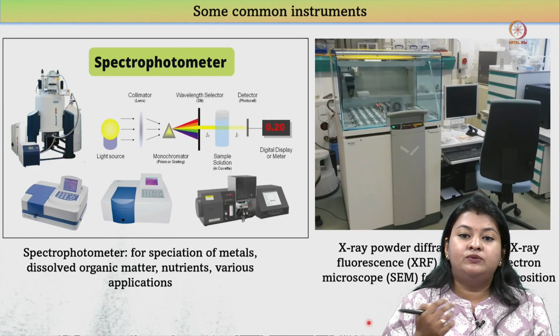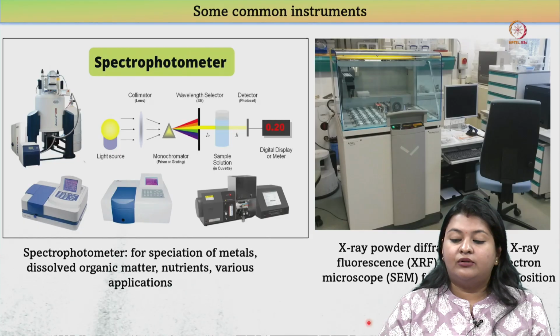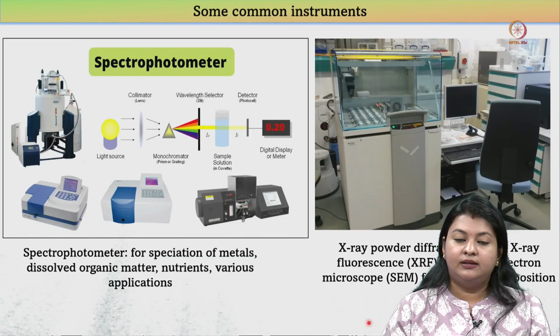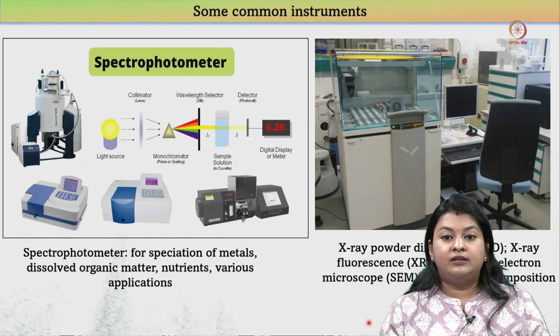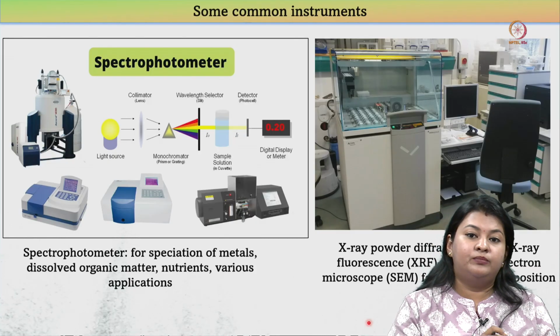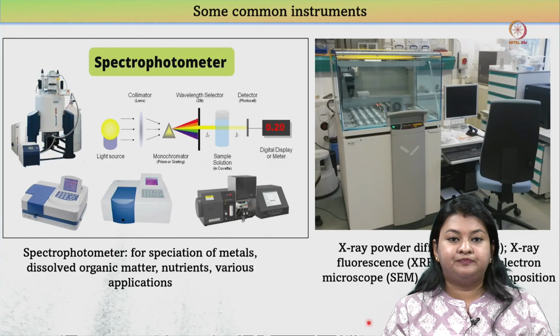For that you can use the XRD, the XRF, or the SEM. So, for sediment analysis, different kinds of instruments are there. But if it is digested, then you can again go to the ICP-MS.